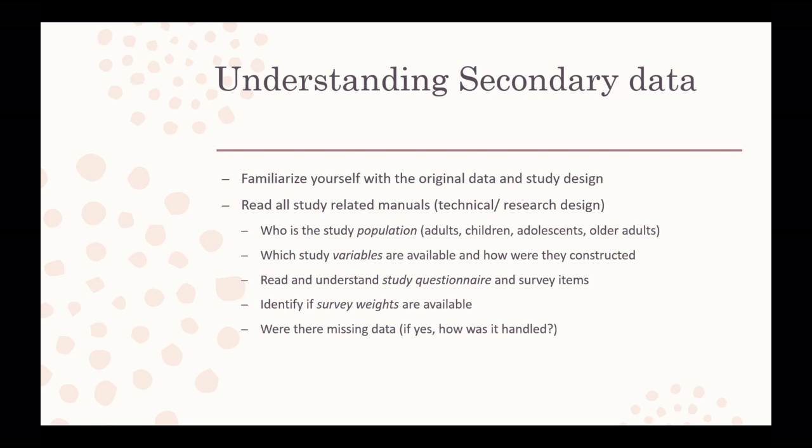And if it was not handled by the secondary data set that you're working with, then you will have to work towards this missing data, especially if the missing data is more than 100 or 200. It is highly recommended that we use some kind of technique to work around the missing data, and I will talk more about this further.